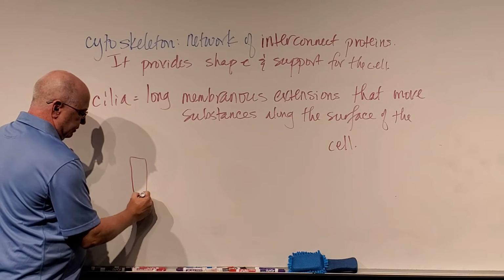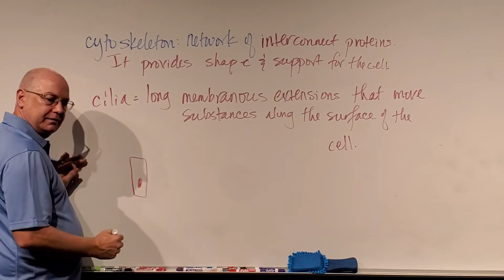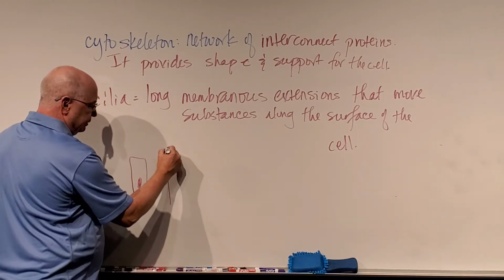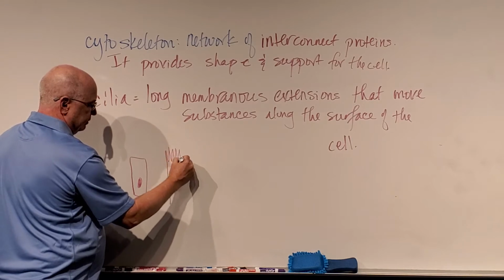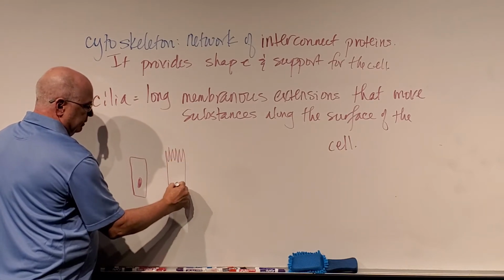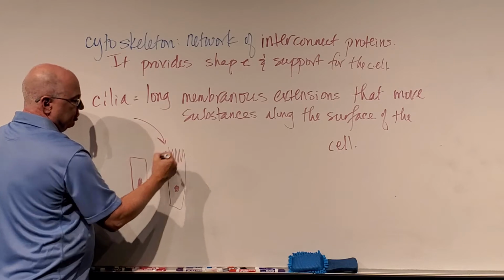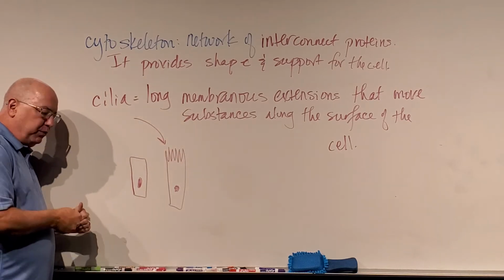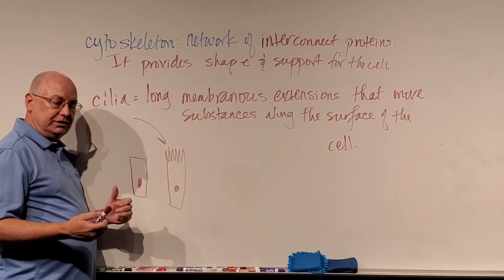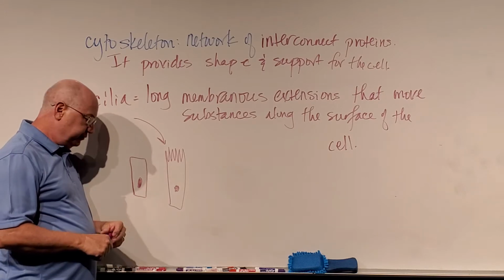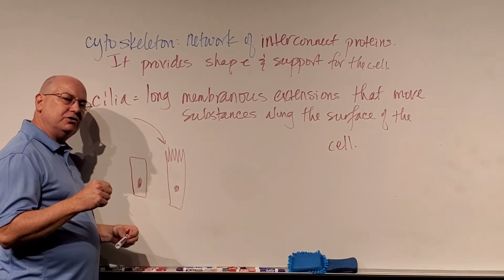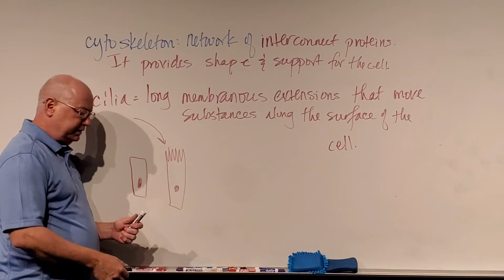Okay. Now, when I look at a typical cell, let's say I have a cell that looks like this. It does not have cilia. And then I have another cell that looks like this. These long membrane extensions would be cilia. And we find cilia on cells. Not all cells have cilia, only a few do. But we find them on the cells where we don't want stuff to stick around a lot of times.